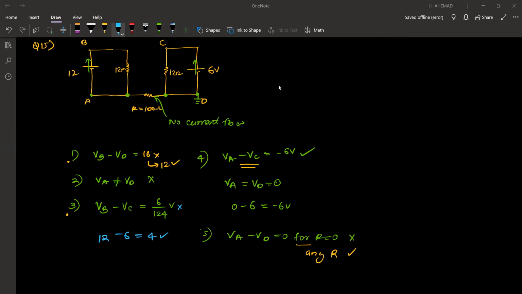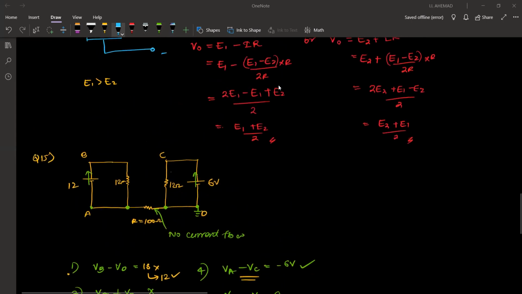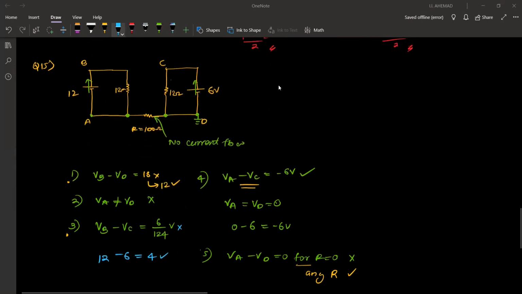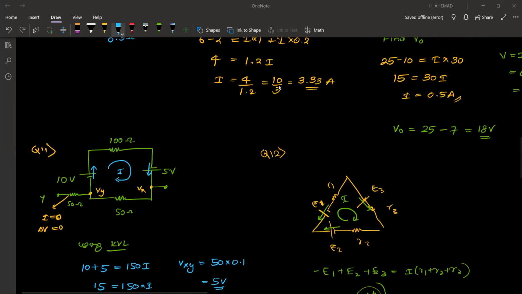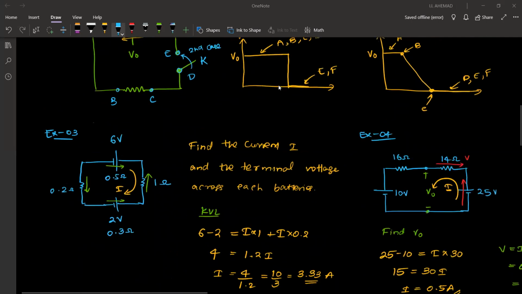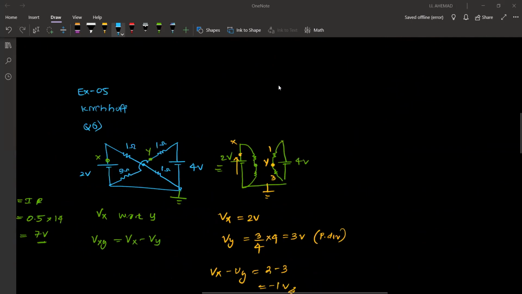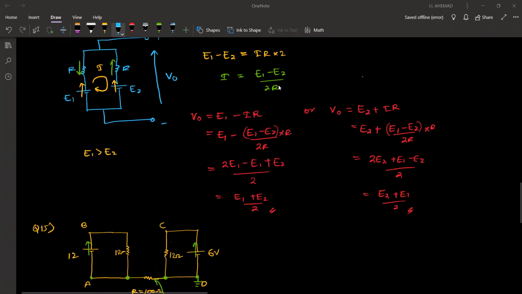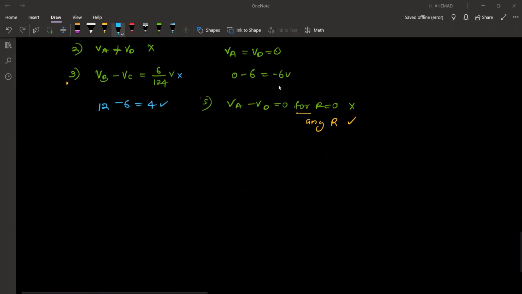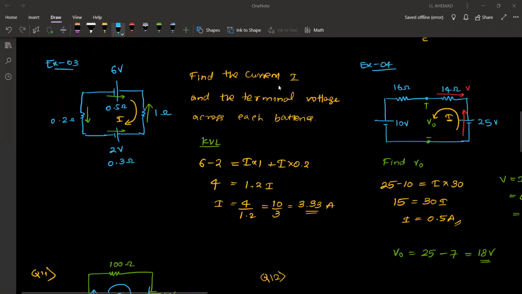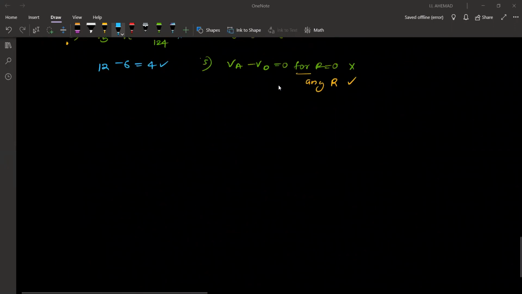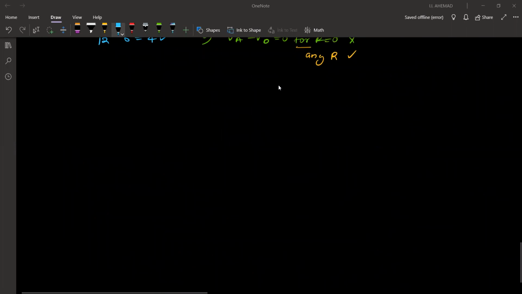Now let's look at some other types of question which can come under Kirchhoff law. Okay, so that is example 4. No, we have discussed up to example 5. These are some questions. So example 6.